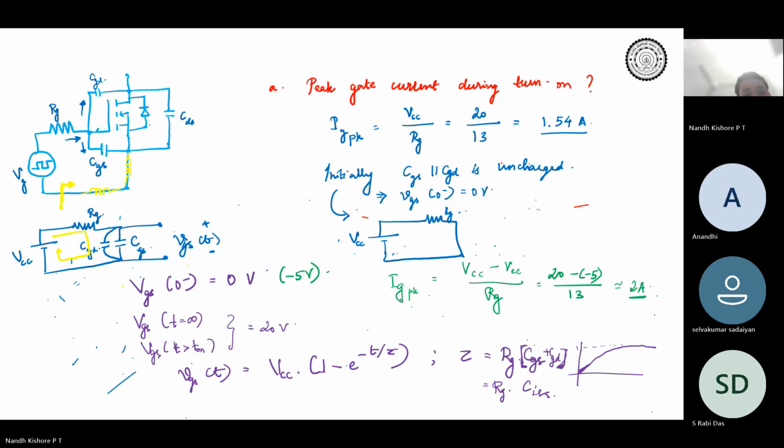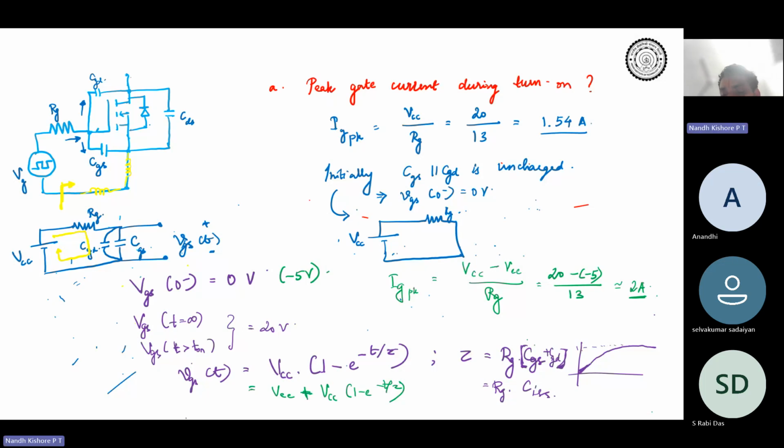Similarly, if you can recall your analysis from circuits, since this VGS has an initial condition now, it would be written as VEE plus VCC into 1 minus e power minus t by tau, where VEE is minus 5 volts.